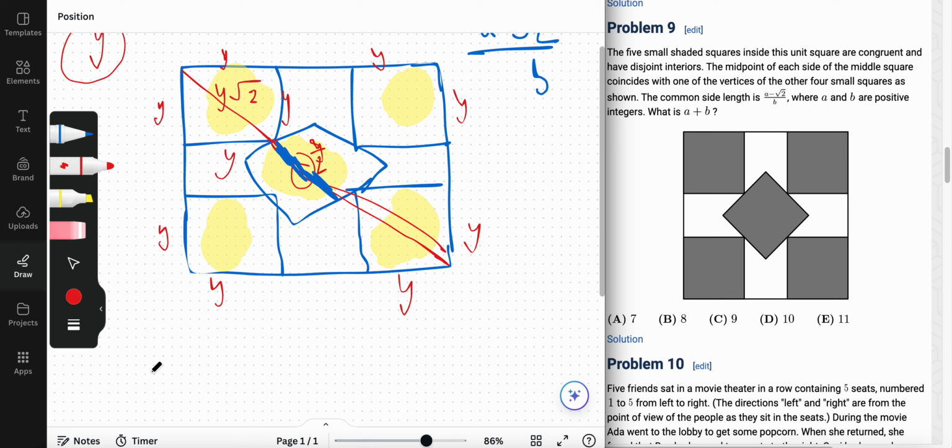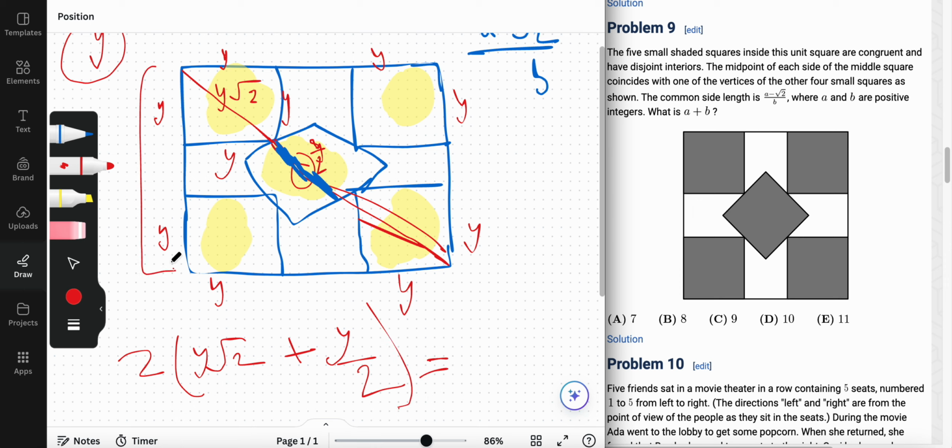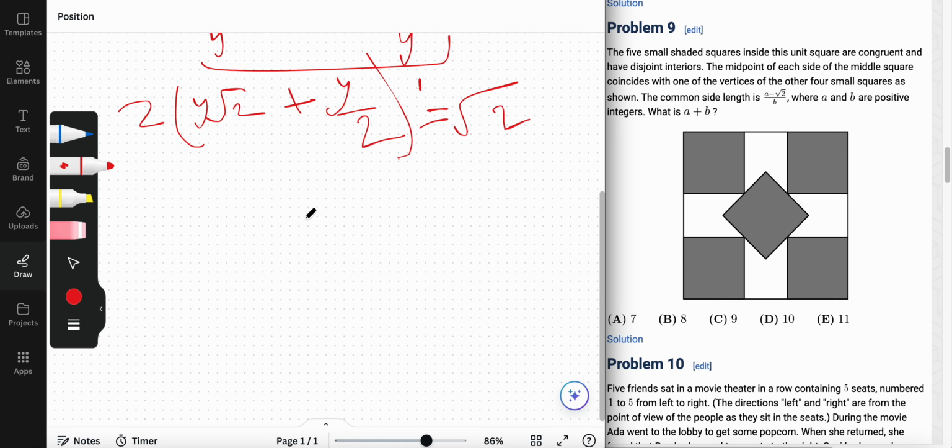Essentially what I'm doing is 2 times y root 2, because this is y root 2 and this is also y root 2, plus y over 2. Oops, sorry, this should be y. It is equal to, if this whole thing is 1 and this whole thing is 1, then this whole thing is 1 root 2, which is just root 2. Okay, great.